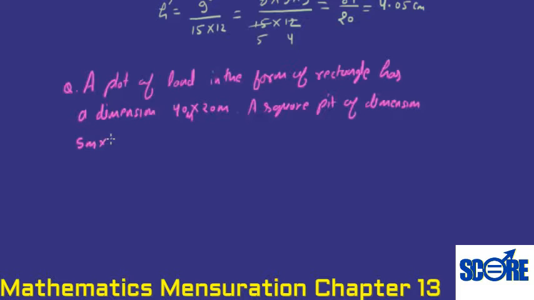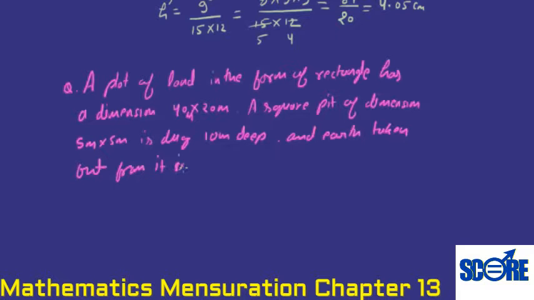A square pit of dimension 5 meter by 5 meter is dug 10 meter deep, and the earth taken out from it is spread evenly on the rectangular field.